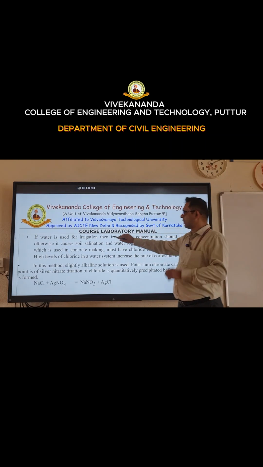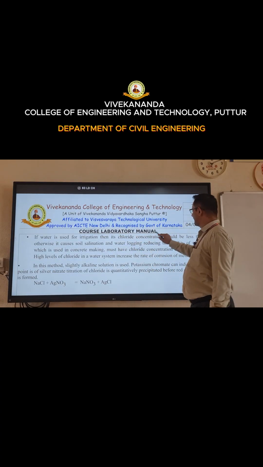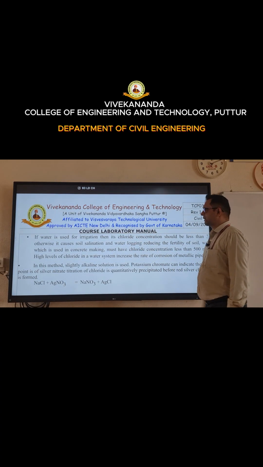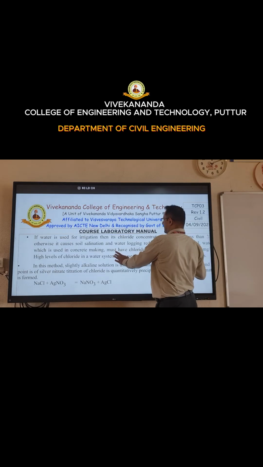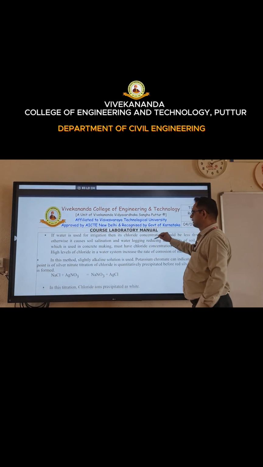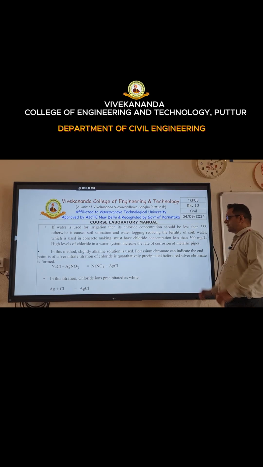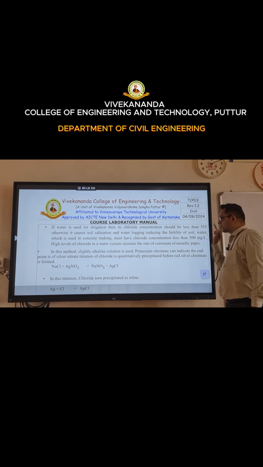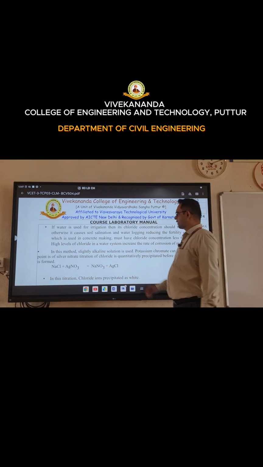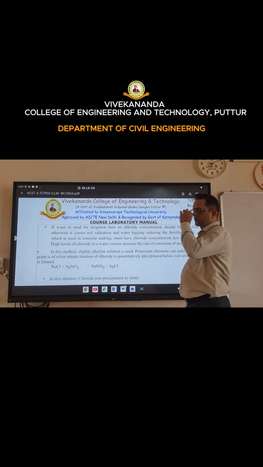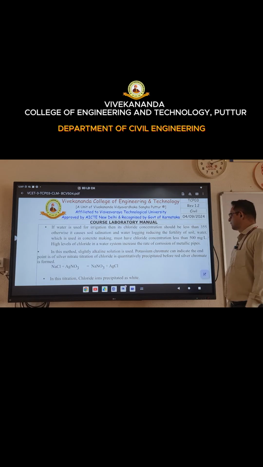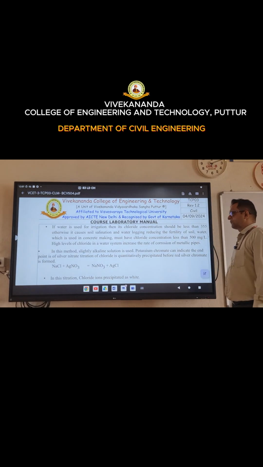And if chloride water is used for irrigation, then salination or waterlogging will occur, and the fertility of the soil will reduce. In concrete also, the chloride content should be restricted. It should be less than 500, right?